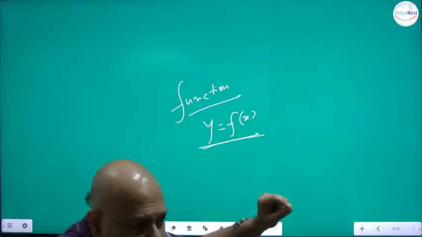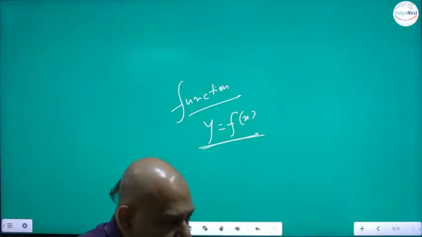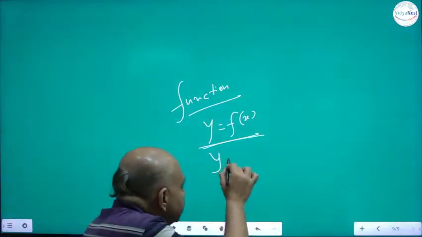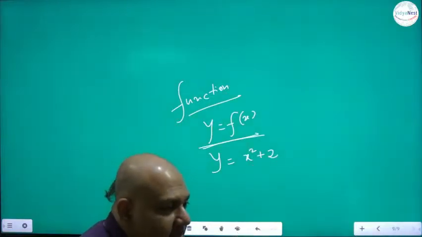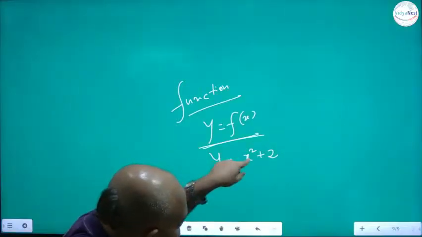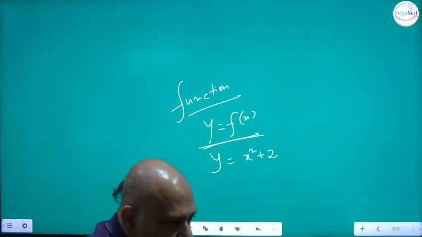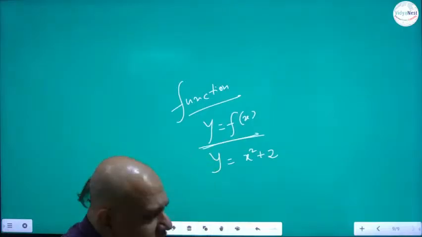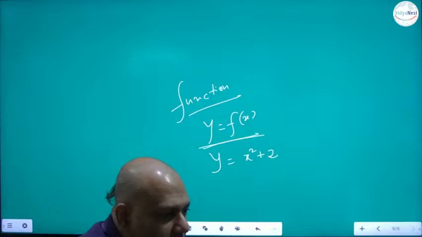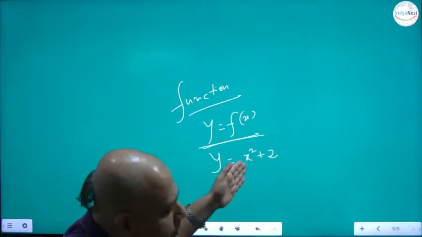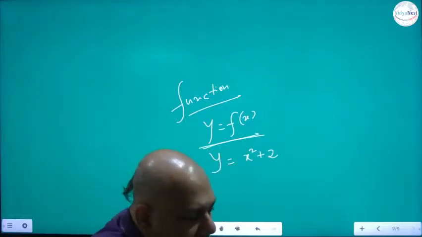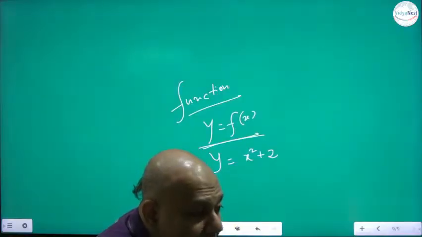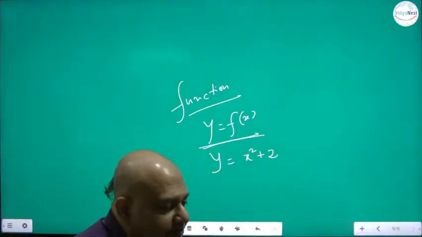Suppose I write y is equal to x square plus 2. If you put some value of x, then y will change, isn't it? If I keep putting values of x, y continuously changes, and I can get a lot of y. So we can plot an xy graph.